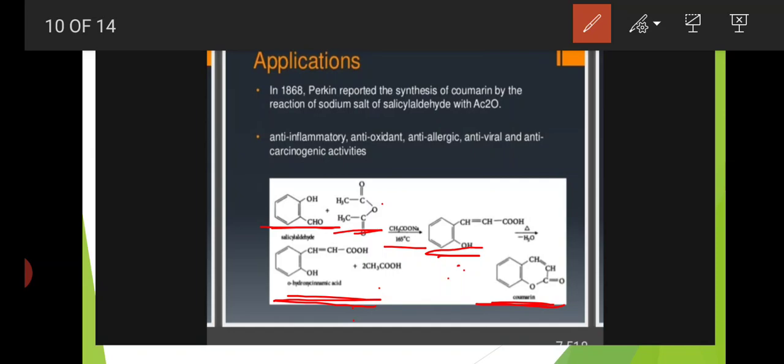On heating, this orthohydroxycinnamic acid loses a water molecule and forms coumarin. This coumarin has more medicinal properties. These were discovered by Perkin in 1868. This is one of the applications of Perkin's reaction.